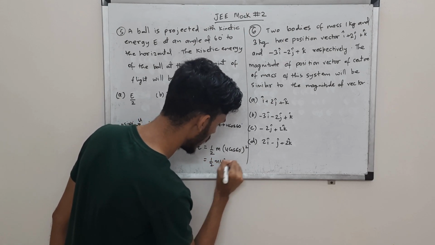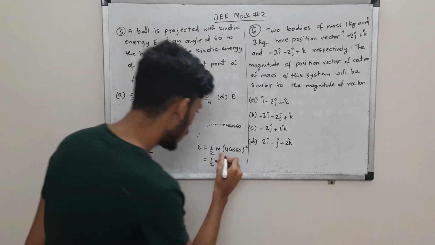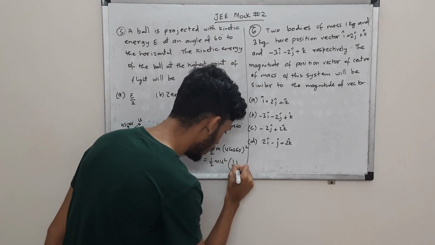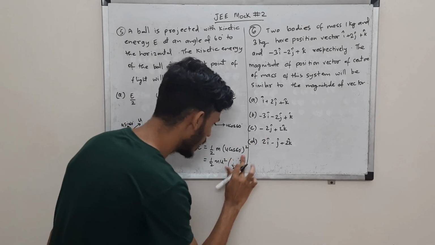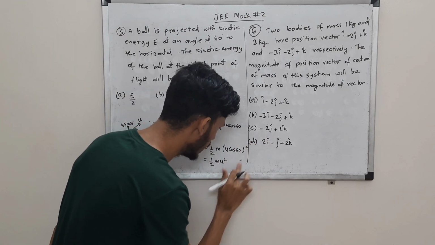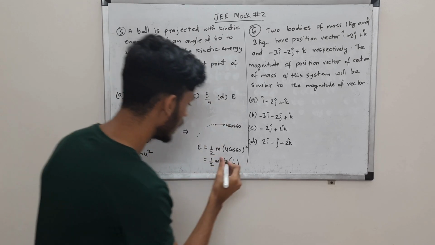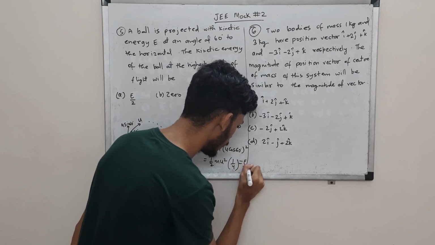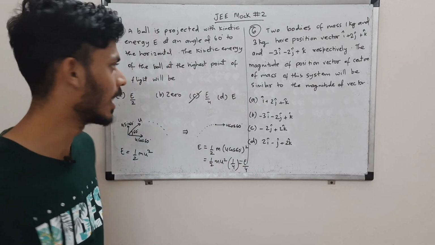Half m u square, and cos 60 is half, which also gets squared, so that becomes 1/4. And this is nothing but E, so this is E by 4. Option C, E by 4, is the correct choice over here.